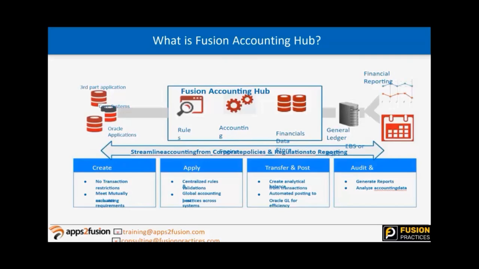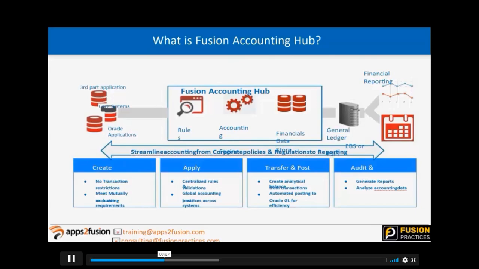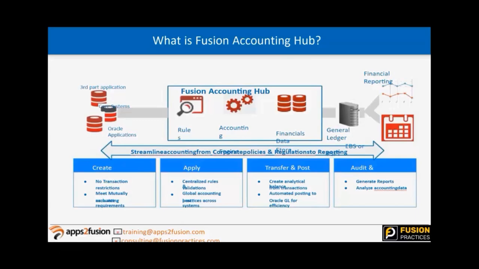You can also restrict some transactions from being created. You can apply the centralized rules and validations. When I say centralized rules, all your rules are visible on the UI. You can do all your transformations within the UI and everything can be done.